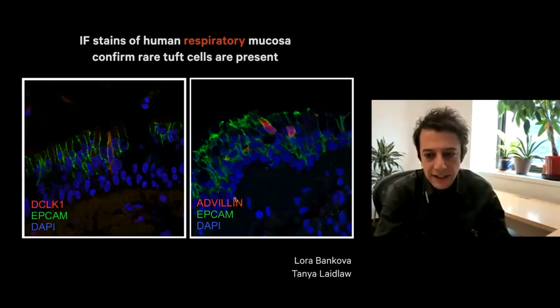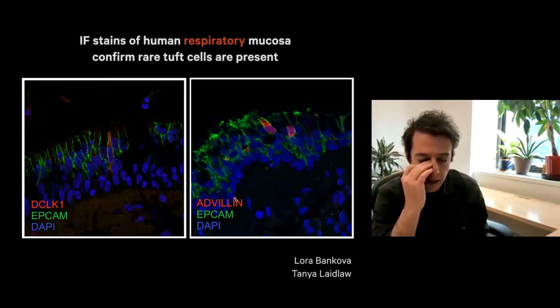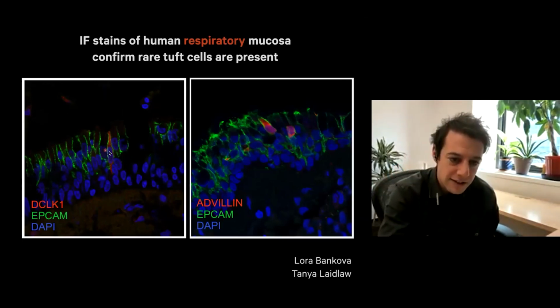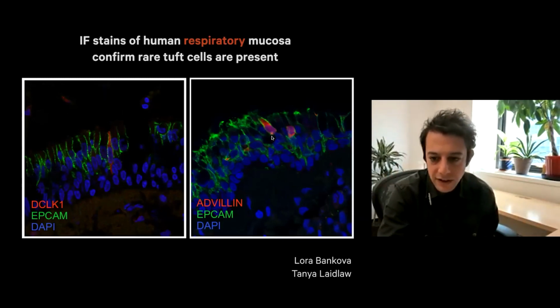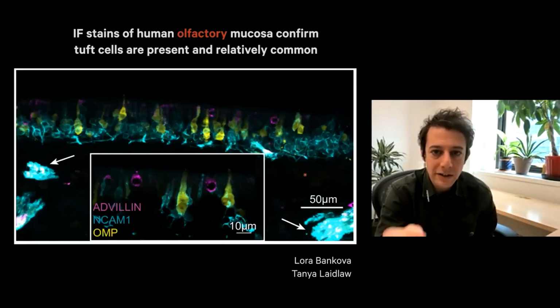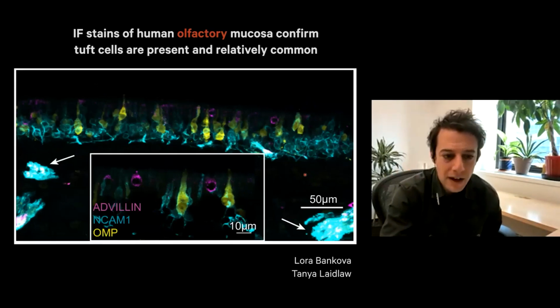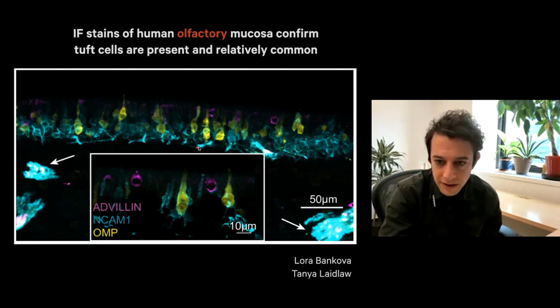So Laura then validated using immunofluorescence that there are DCLK1 positive tuft cells and advillin positive tuft cells. These are interchangeable markers, but we confirmed using two different antibodies that they're present. And in the olfactory epithelium, we can also see that advillin positive tuft cells are present very close to OMP expressing olfactory sensory neurons and NCAM1 positive neurons.